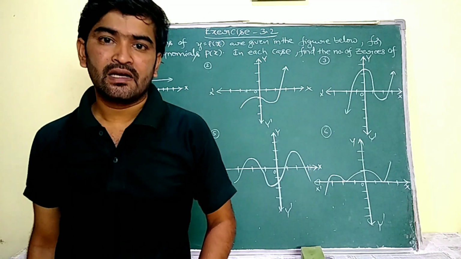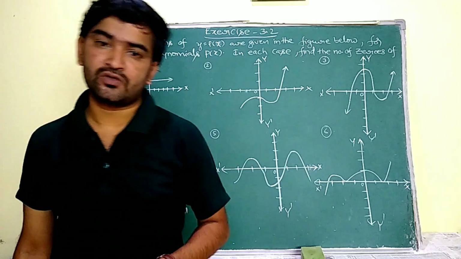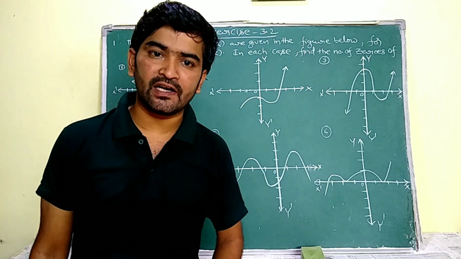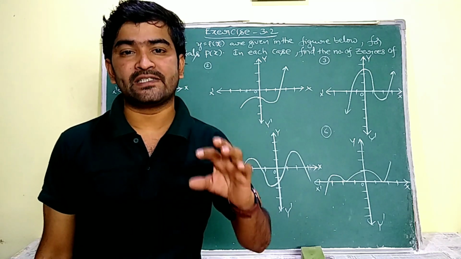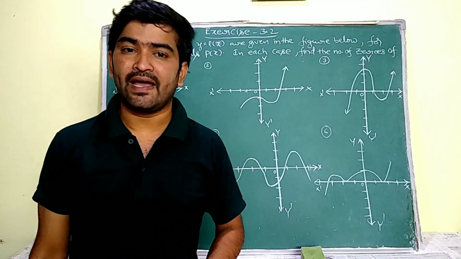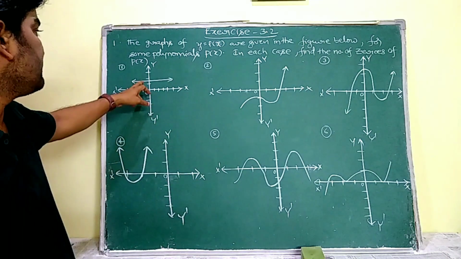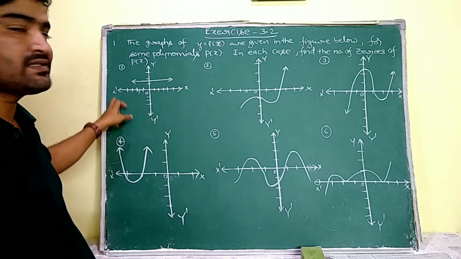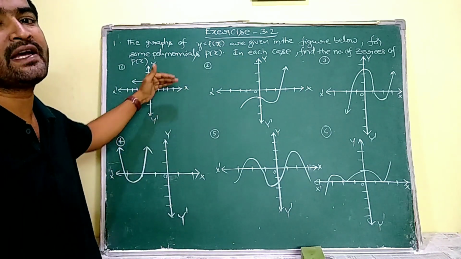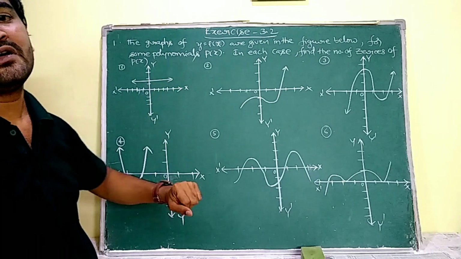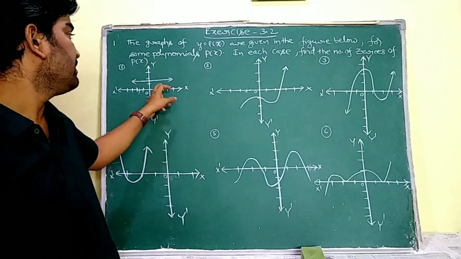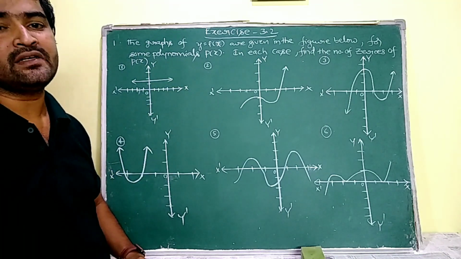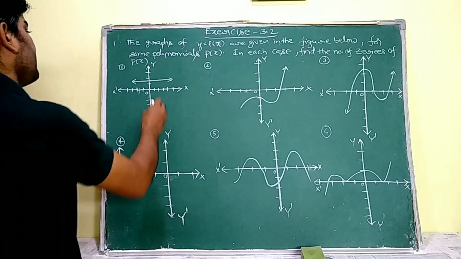As we discussed, the number of zeros of any polynomial graphically is the number of points at which the graph touches the x-axis. So see, here the graph does not touch the x-axis. So it is above the x-axis. So it is having no intersecting points with the x-axis. So this graph is not having any zeros. No zeros here we have to write.